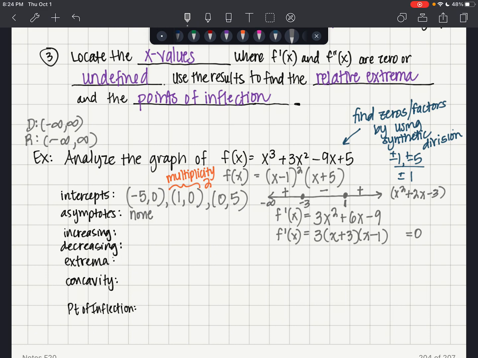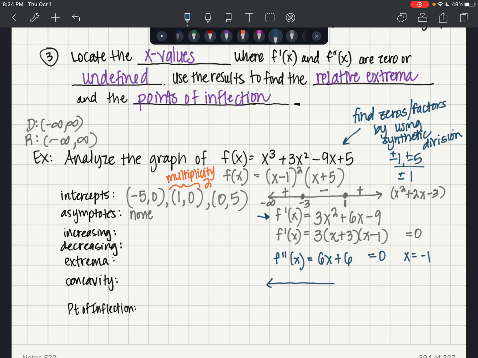Now let's find our second derivative. So I'm going to change the color here. Our second derivative, I'm going to go back to this form of our first derivative, and our second derivative is 6x plus 6. When I set that equal to 0, x equals negative 1.